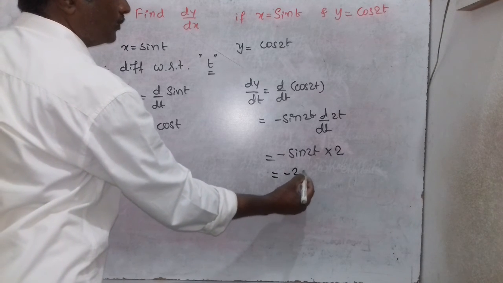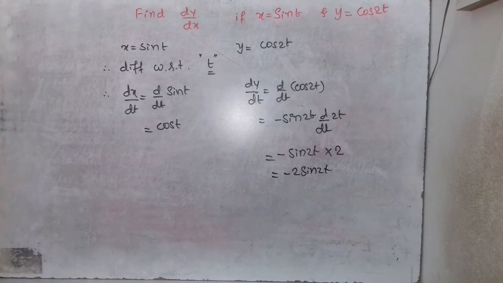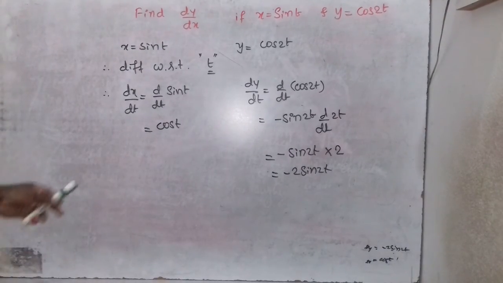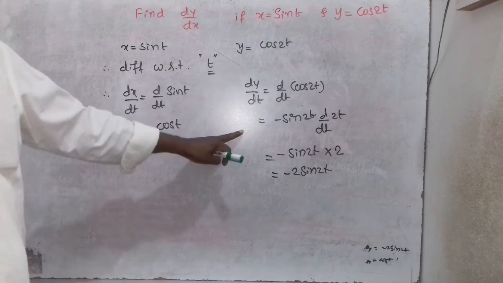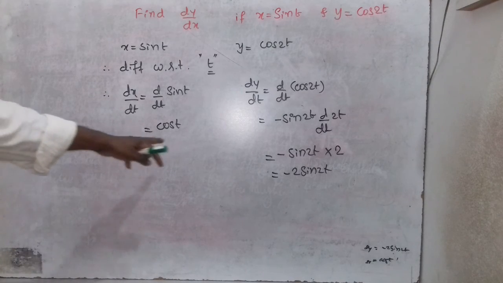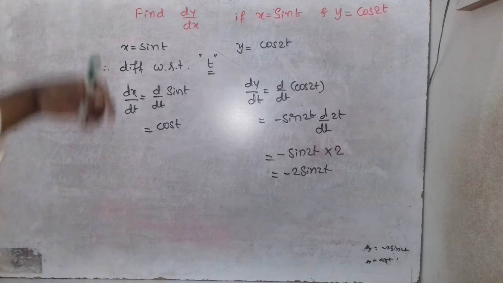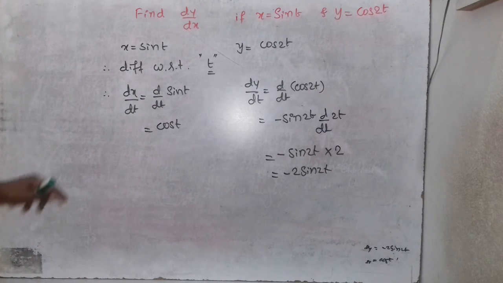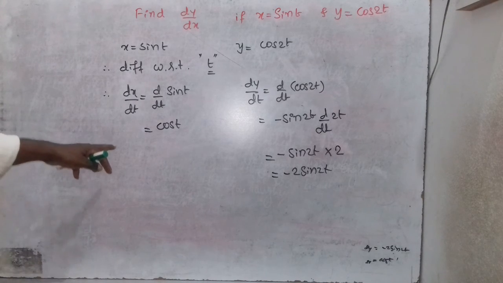Therefore minus 2 sin 2t. So dx by dt is cos t, dy by dt is minus 2 sin 2t. Now we substitute these two derivatives in dy by dx equals dy by dt divided by dx by dt.